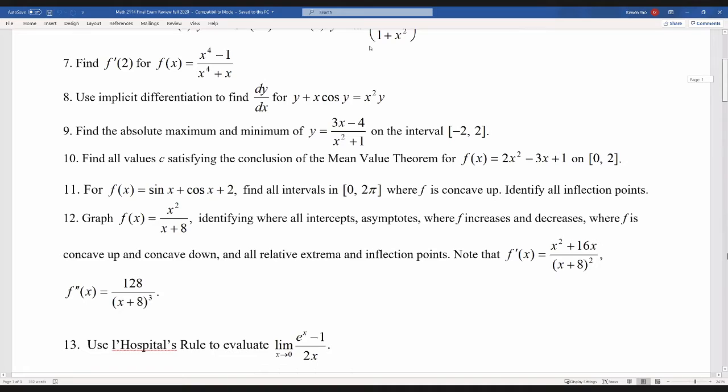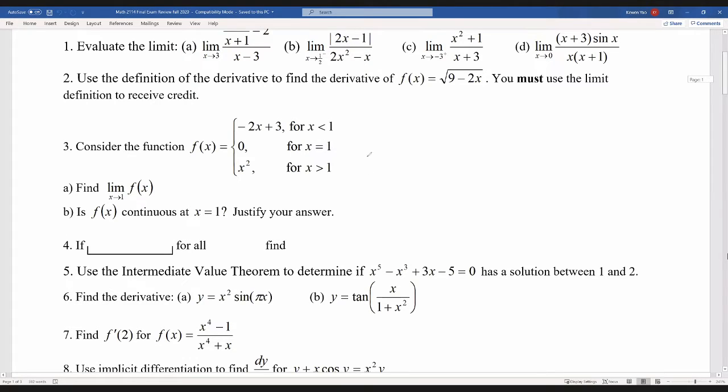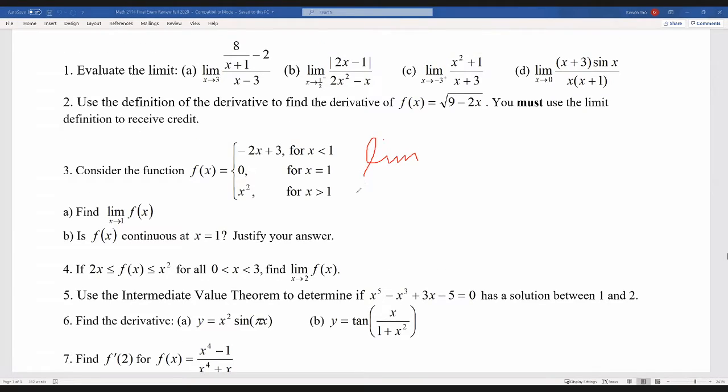What's the problem? The problem is this. Limit as x goes to negative 3 from the right side. Plus means x goes to negative 3 plus, right? Plus means x goes to negative 3 from the right side. Okay?